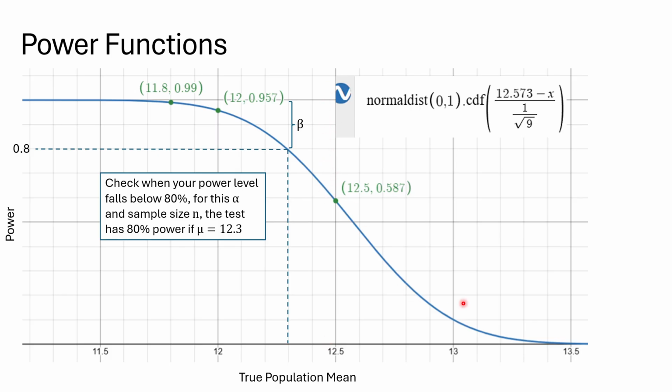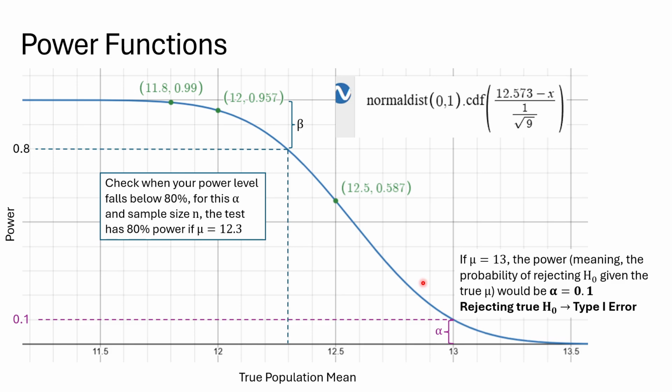Okay, and so then another thing, we previously talked about it, but if mu is equal to 13, remember, the power means the probability of rejecting the null hypothesis given the true mu. If the true mu is 13, we're rejecting the null hypothesis falsely. We're rejecting a true null hypothesis.